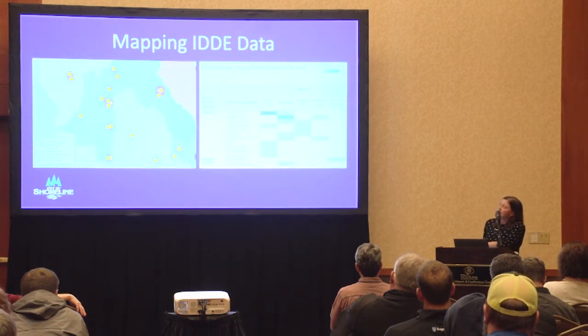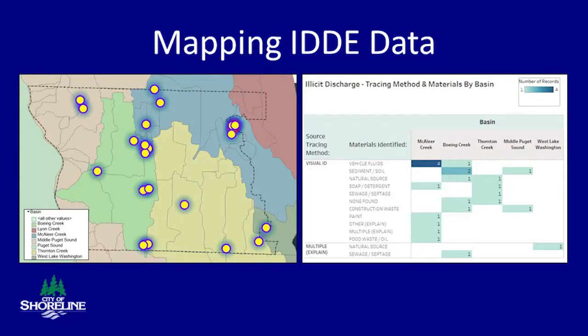So this is looking specifically at those work orders in 2017, and it's breaking it down by the source tracing method, which for us is almost always a visual ID. And it's looking at a breakdown of the materials identified by basin.